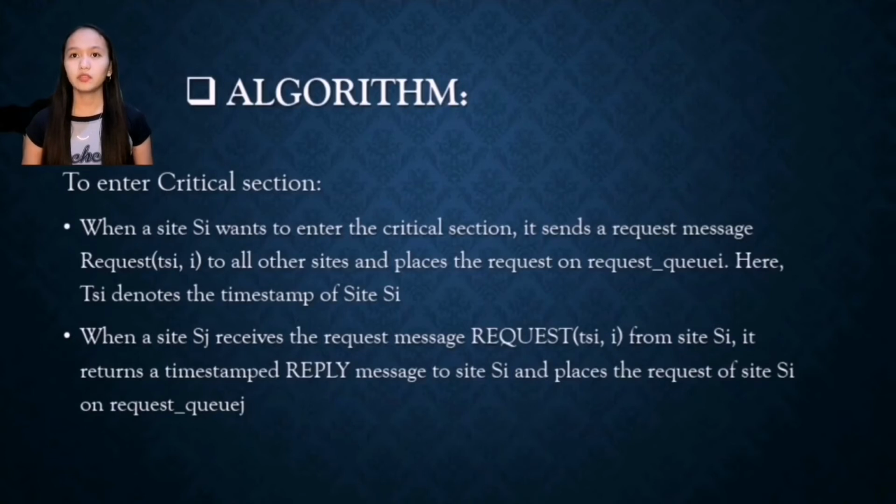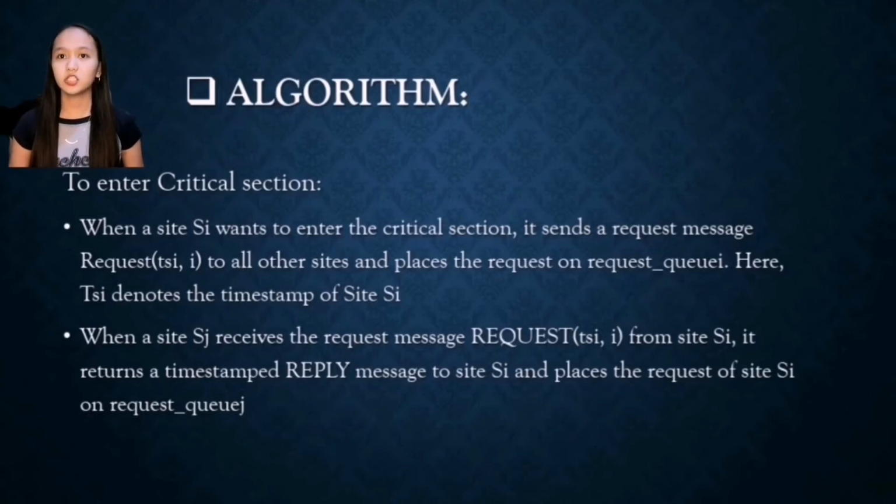Algorithm. To enter the critical section, when a site Si wants to enter the critical section, it sends a request message, request(tsi, i), to all other sites and places the request on its request queue. Here, tsi denotes the timestamp of site Si.